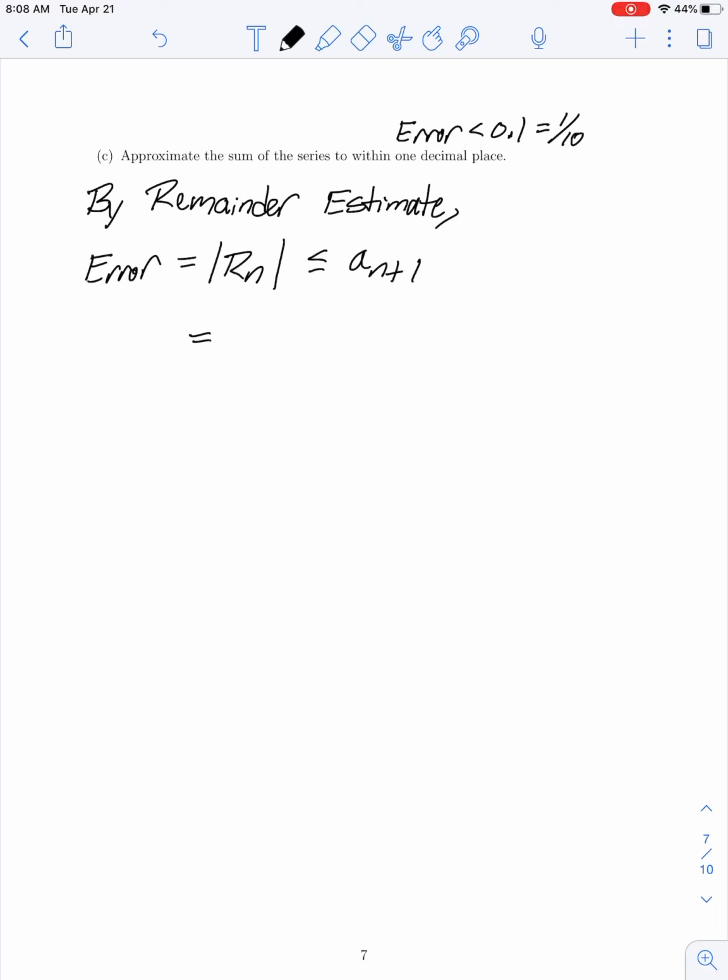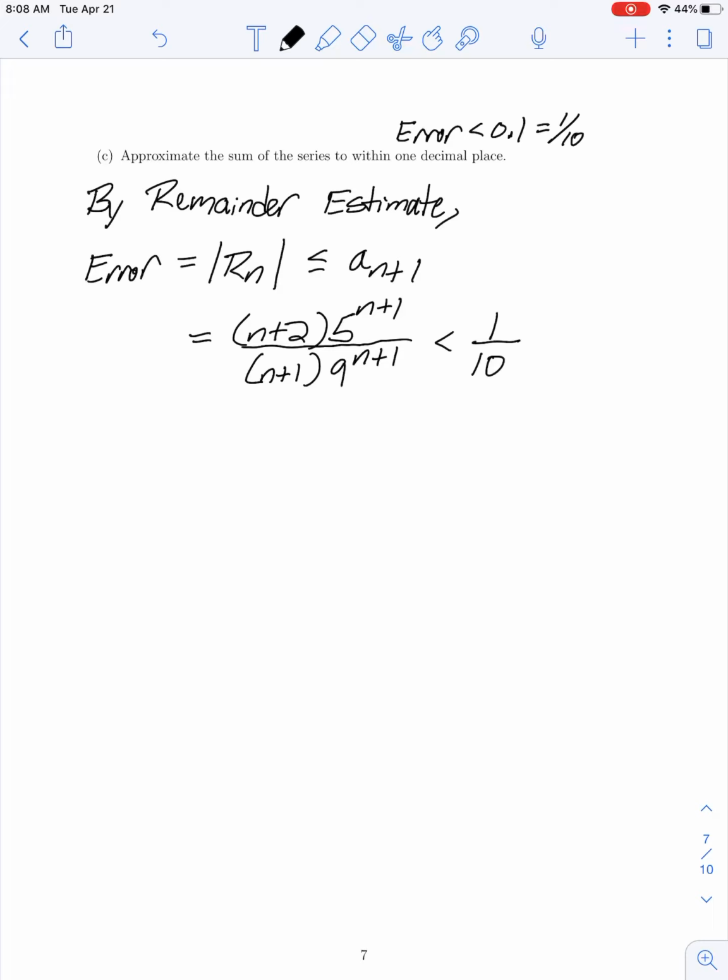So here, that n plus 1 term is given by n plus 2 times 5 to the n plus 1 power divided by n plus 1 times 9 to the n plus 1 power. And we know that to achieve the desired accuracy, we want this maximum error to be less than 1/10.